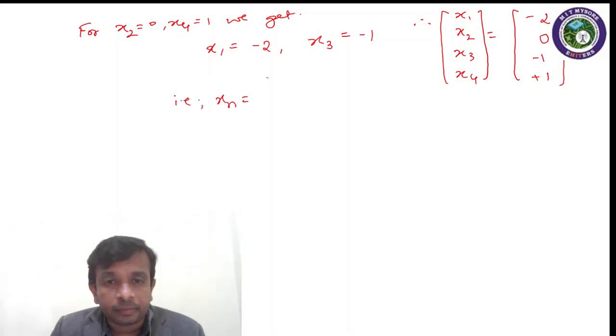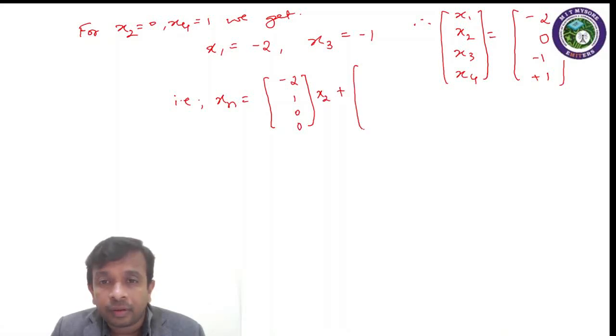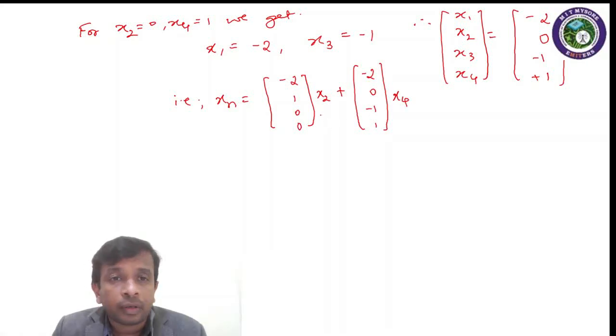That is, xn is minus 2, 1, 0, 0 times x2 plus minus 2, 0, minus 1, 1 times x4. Right? So this would make the general solution or special solution.